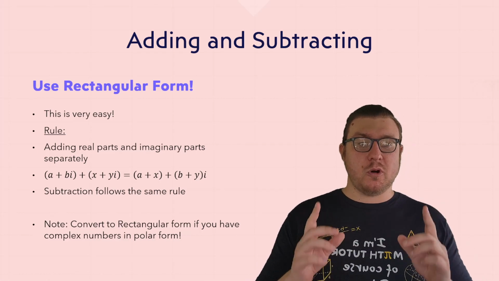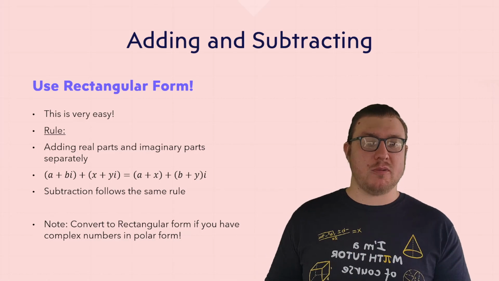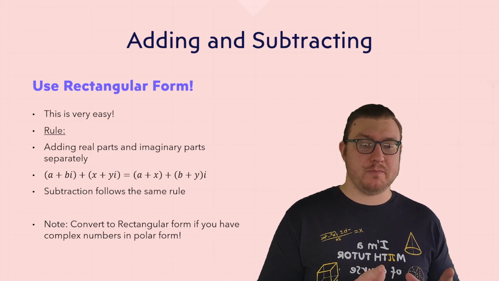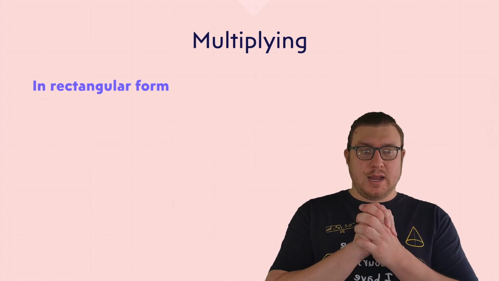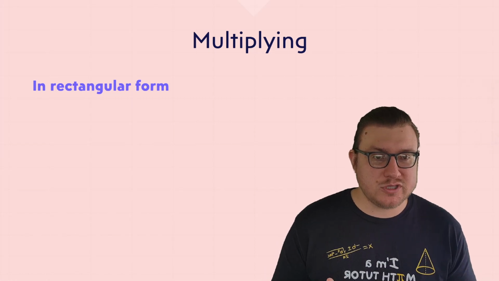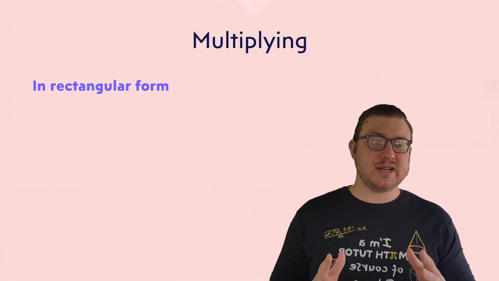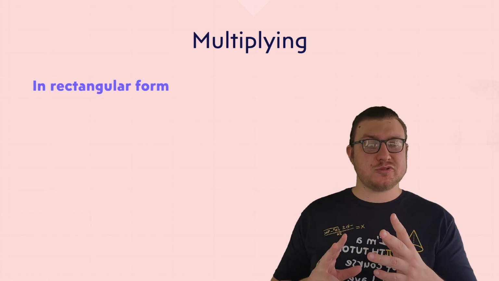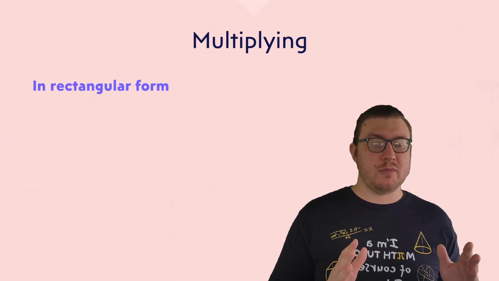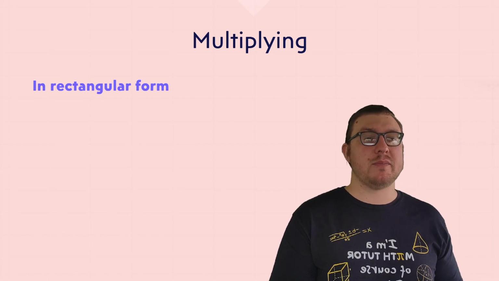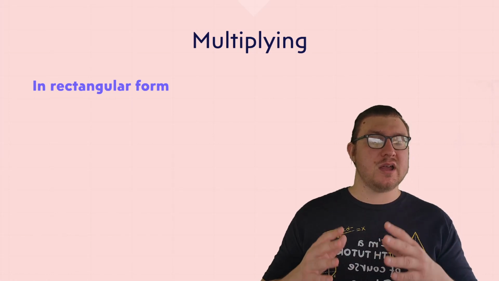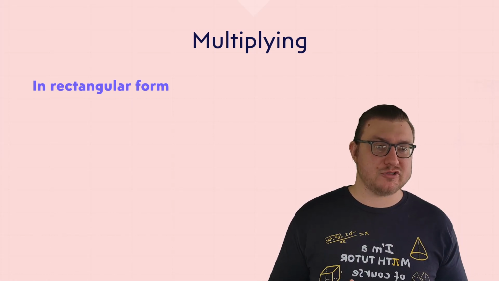We don't want to add or subtract complex numbers in polar form. Now, in terms of multiplication, let's again start with rectangular form. For adding and subtracting, we didn't do polar form because we're not going to do that ever. We're always going to convert our number to rectangular form first, then add or subtract if we have to.